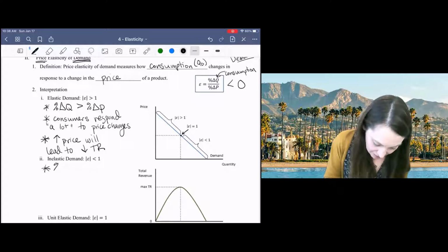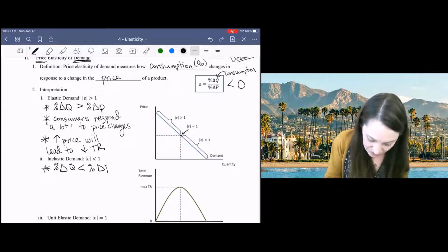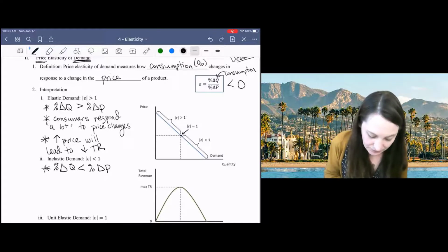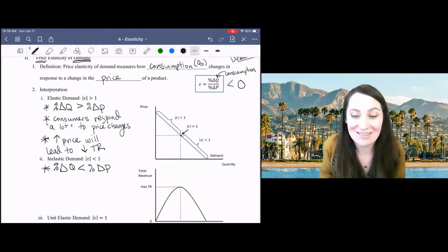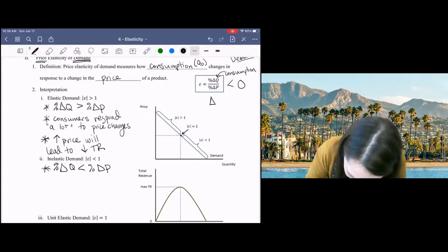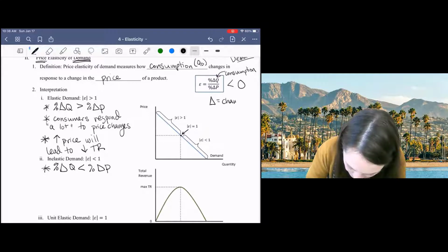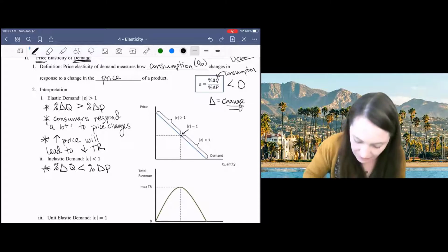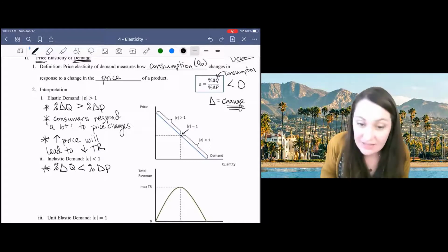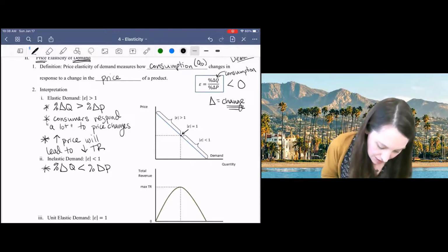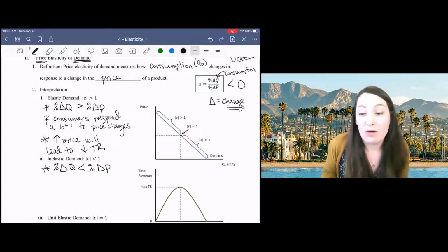So here we know that for any change in price, the quantity change will be small relative to the price change. Notice I'm using this delta to represent change, which is typical in mathematics and physics and economics. And we'll talk more about how to calculate that in a future video.